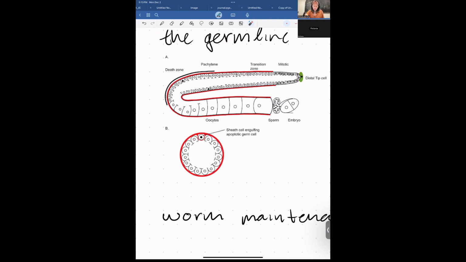Okay, so how this is relevant to our class is when we did the CRISPR injection, we injected the reagents directly into this region here. And we call this the syncytium. And that's because all of these germline nuclei are on the outside of the germline during this stage, and they share this cytoplasm.